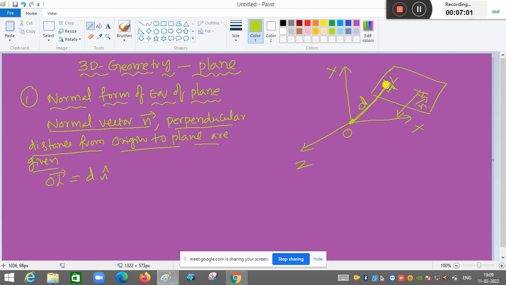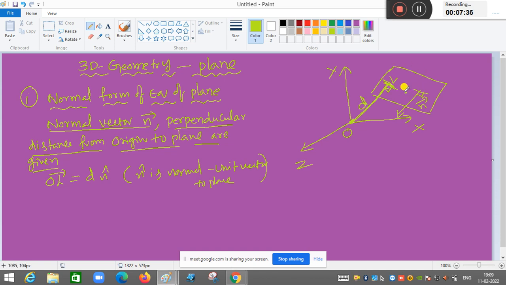Along this direction, that means the perpendicular direction, there is a unit vector, and distance d into the unit vector is that vector OL bar. So we can express OL bar as d n cap. N cap is a normal unit vector to the plane.